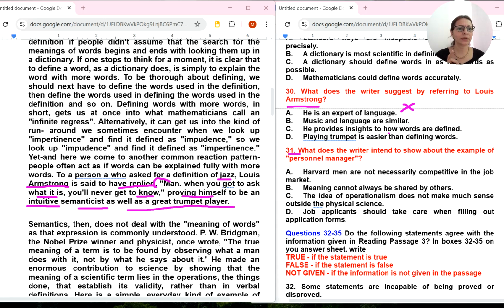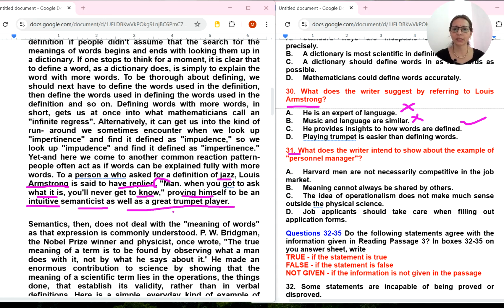He provides insight into how words are defined. To a person who asked for a definition of jazz, Louis Armstrong is said to have replied this, so they are asking him. He provides insight into how words are defined; this we can select.